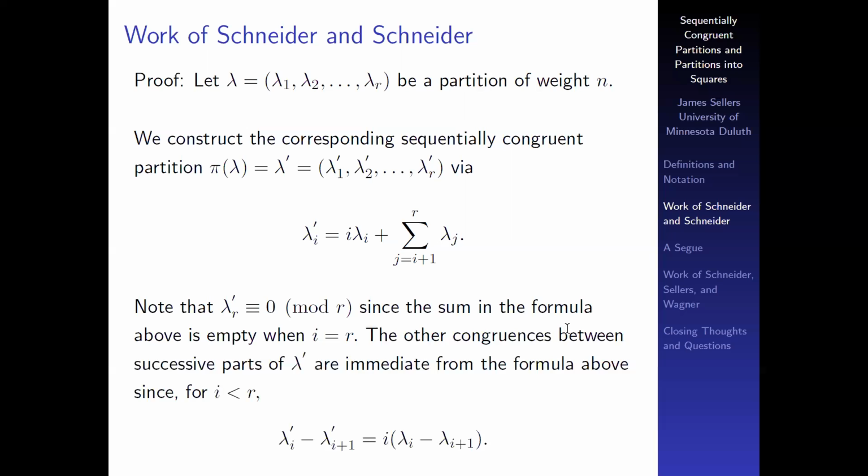And all of the other congruences are going to follow because lambda i prime minus lambda i plus 1 prime is equal to i times the difference of the corresponding original parts. And this i that's sitting in front on the right-hand side is going to give you the congruence mod i that you want. So all of the congruences hold, which is lovely.